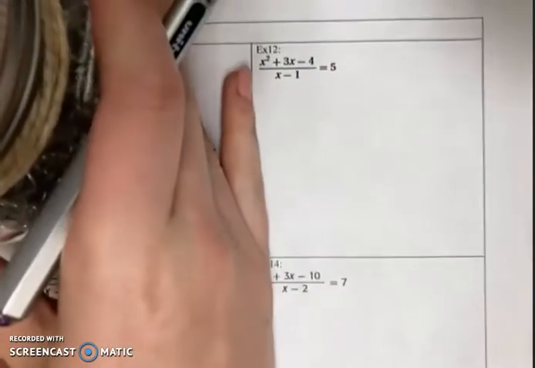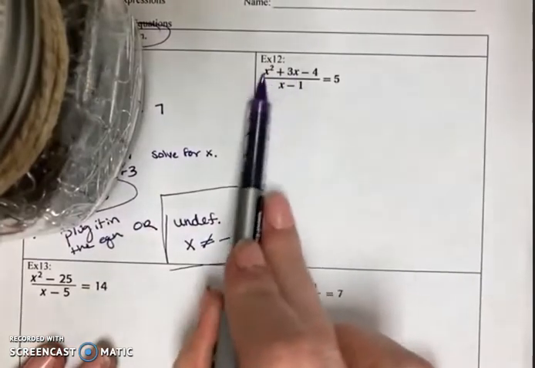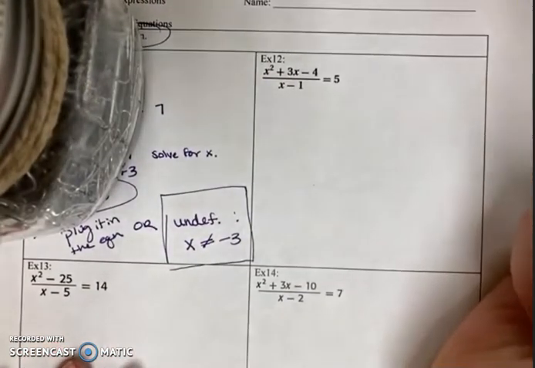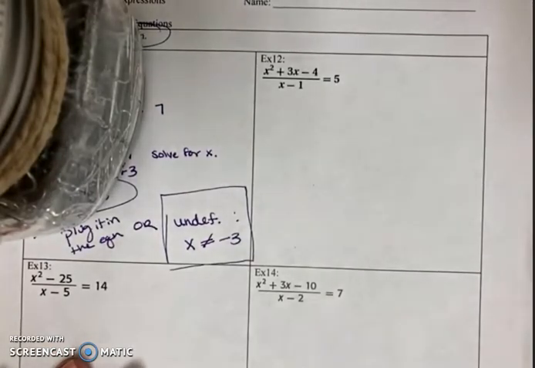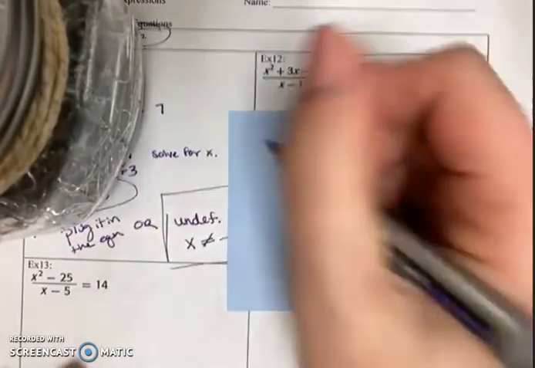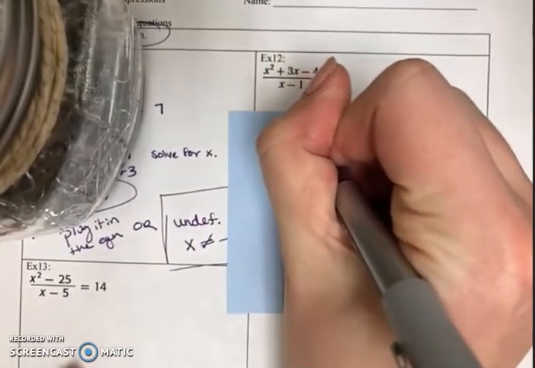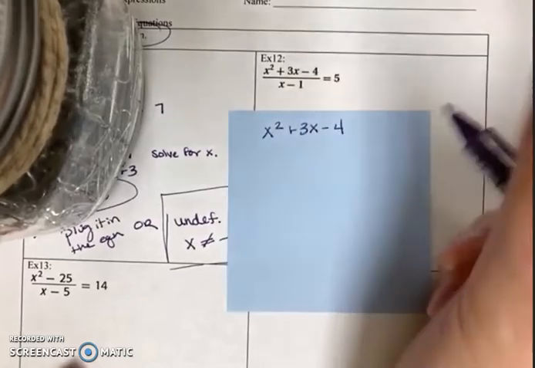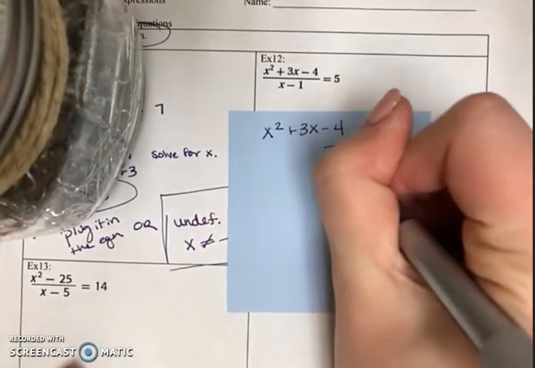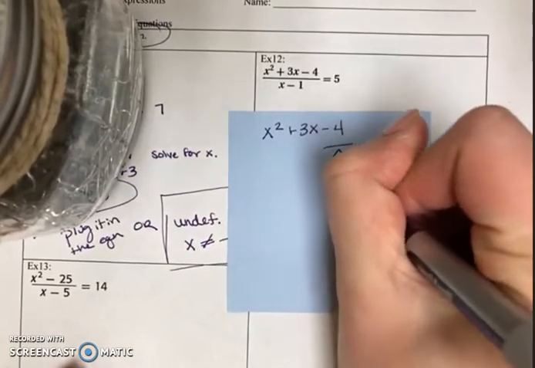So for example 12, once again, we're going to simplify this rational expression and then solve for x. When simplifying, the first thing you should do is try and factor the numerator and denominator if at all possible. The numerator is a trinomial where a is equal to 1, so I can go ahead and just use guess and check. The factors of 4 are 1 and 4, 2 and 2.